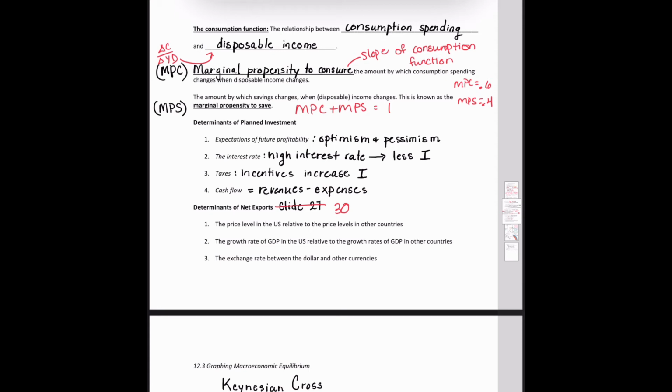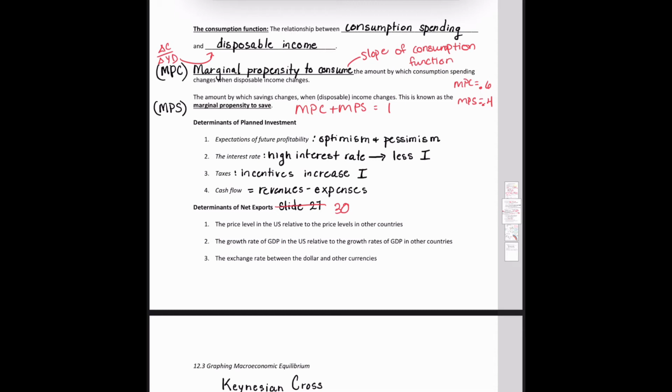It's because, respectively, if price levels are rising faster in the U.S., our goods are more expensive than foreign goods. So no one's going to want to buy things from us. If our GDP is growing faster, then U.S. demand for imports is rising faster than foreign demand for exports.